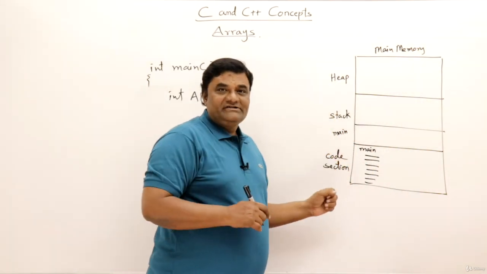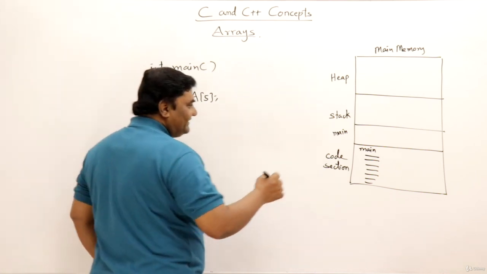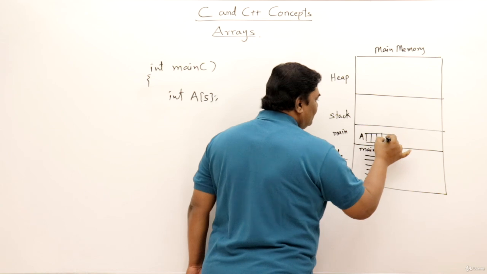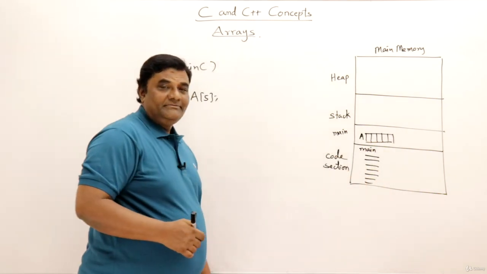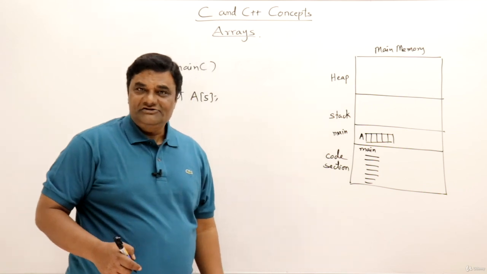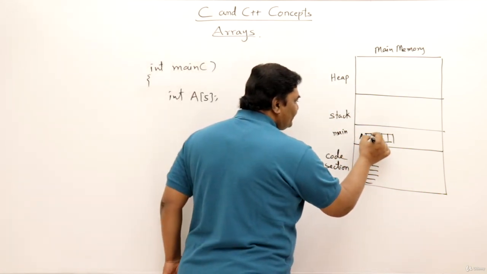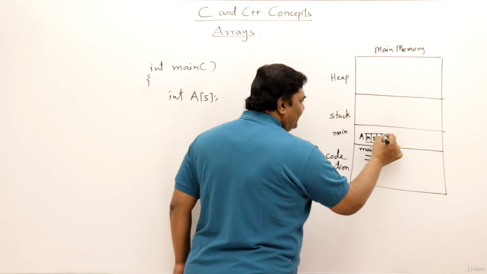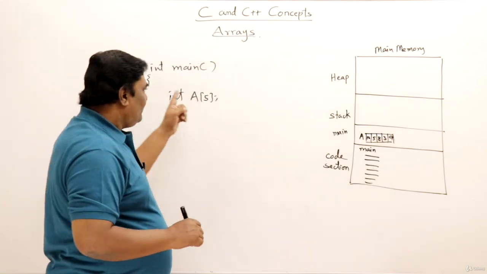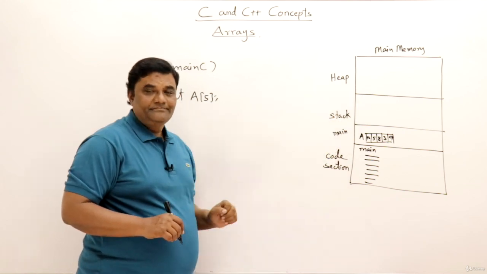The program will be inside the code section, and when any variable like an array is declared, that array will be created inside the stack. That array will be directly accessible to the main function, and I can directly store values, like I have already shown you. I can store some values 10, 5, 8, 3, 9. This is how I can declare an array, and I have shown you where the array will be created in memory.